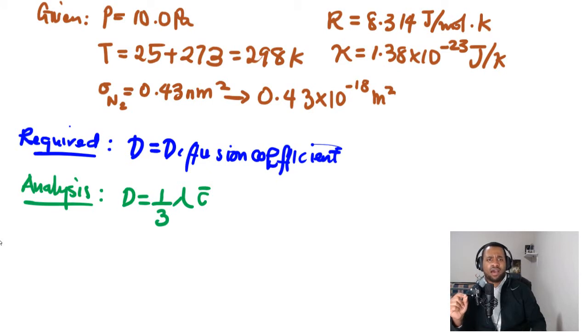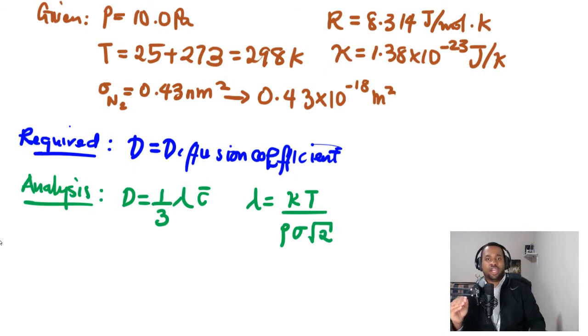We know that our mean free path is equal to K multiplied by our temperature over our pressure times our cross-sectional area, which is what we have, and also multiplied by the square root of 2.